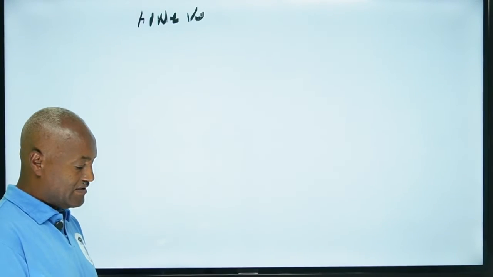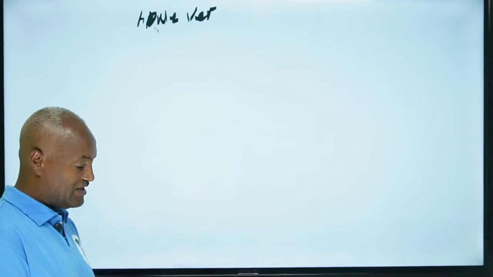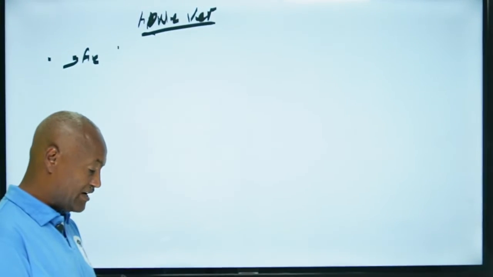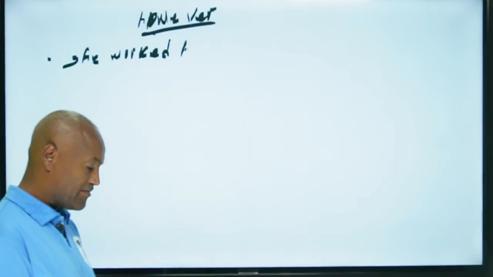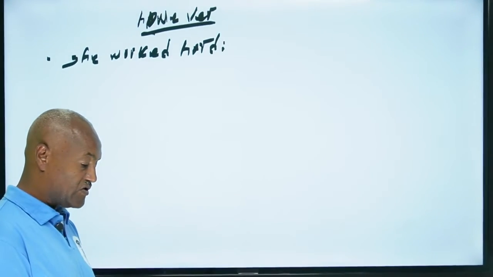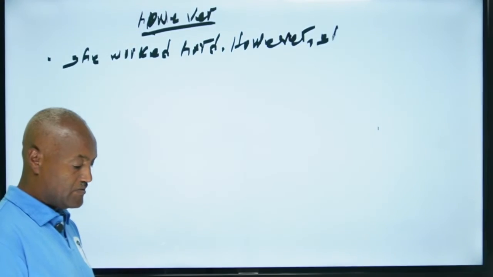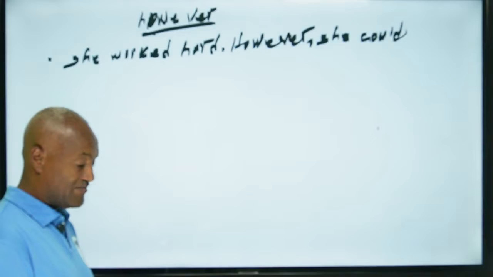I gave it to you already, but let me show you, as it has different ways. One, with a simple and common sentence: She worked hard. Full stop. However, with a capital letter, don't forget this one: she couldn't be successful.